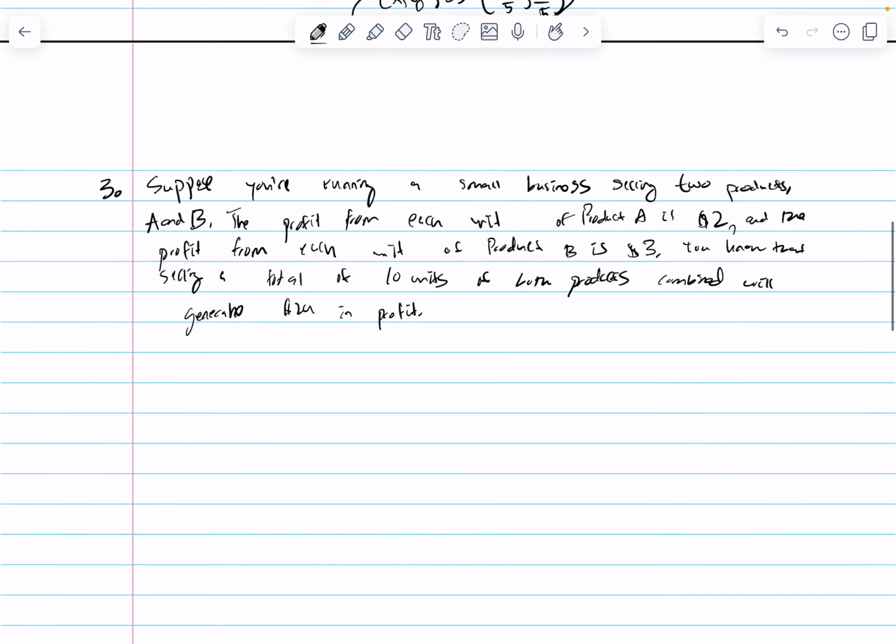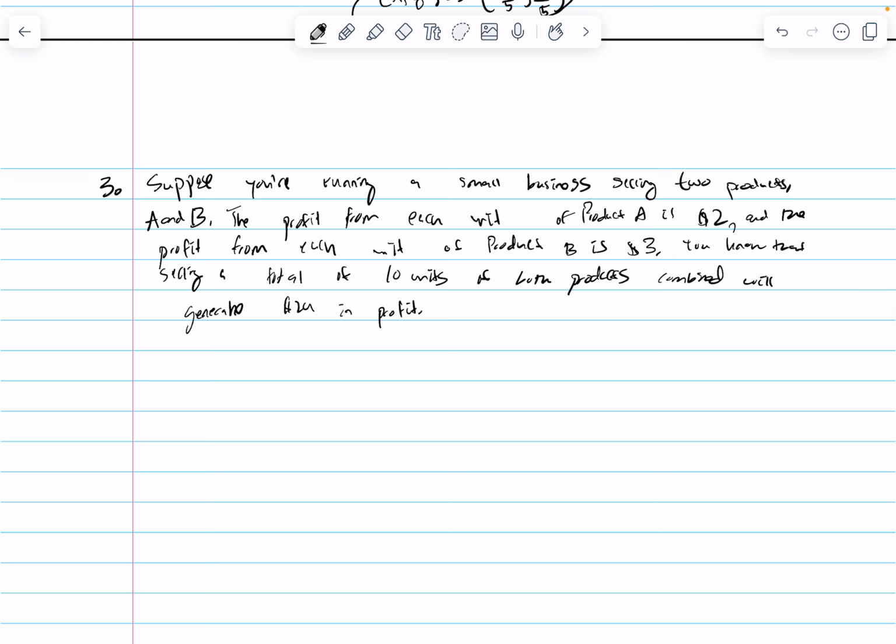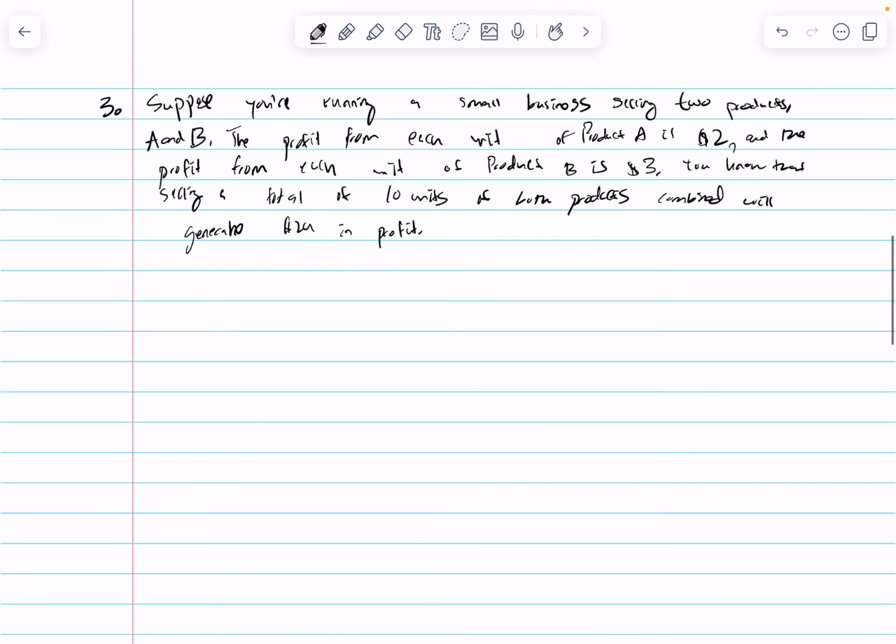So basically, we're going to have to combine these. We're going to make our own equations based off of this information, and then we're going to solve for it. So here we go. Let A equal X and B equal Y. So we have the profit.